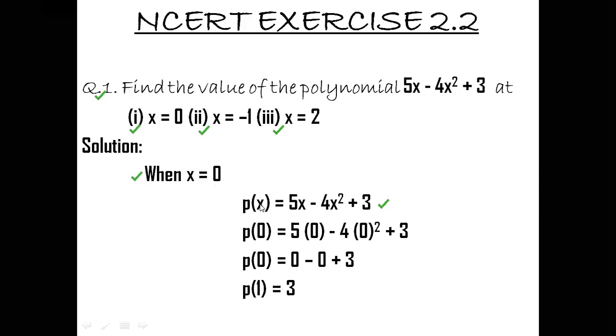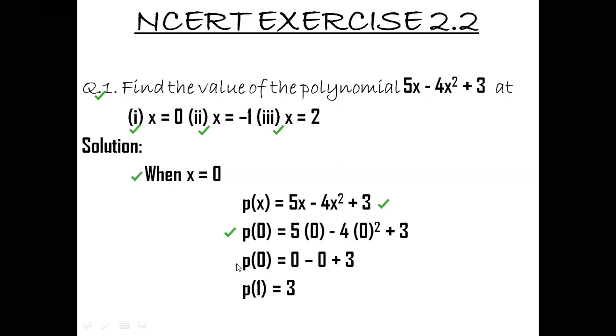So, in the polynomial, wherever you find x, it has been replaced by 0. So, instead of p of x, I would write p of 0 is equal to 5. Again, the x is replaced. So, 5 into 0 minus 4, 0 square plus 3.